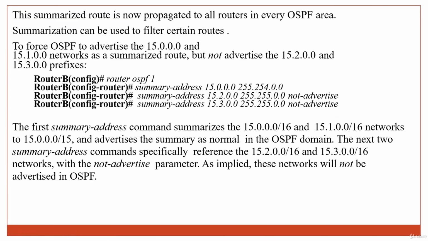The command here is interesting: in a stub area we used area 1 stub, but for a totally stubby area you have to add one more keyword, that is no-summary. So the command is area 1 stub no-summary. It will stop LSA 3, 4, 5, and it will generate the default route.